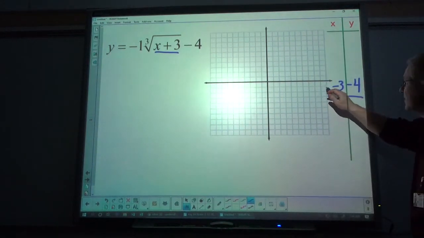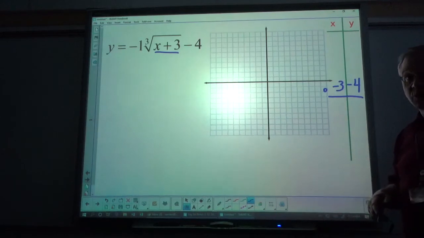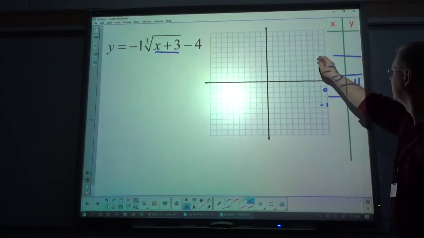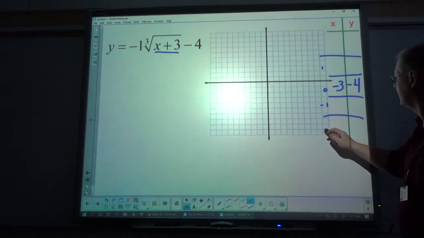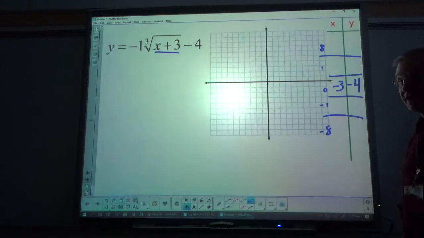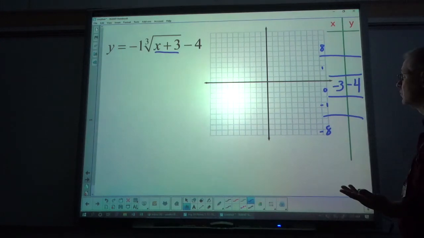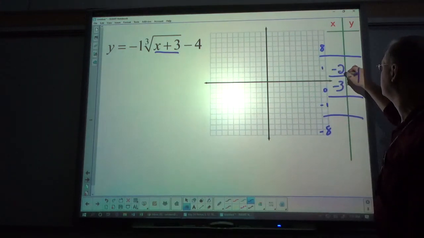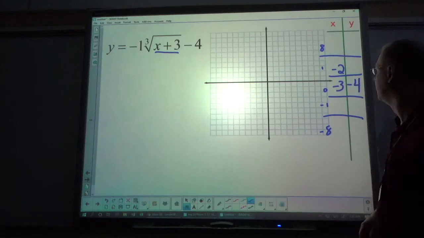Now if you have to put a little 0 here to remind you what number you're looking for, 1 and -1, -8 and +8, that might be helpful to put that in just to remind yourself that's what you're looking for. Alright, what makes 1? How about -2? -2 plus 3 is 1.